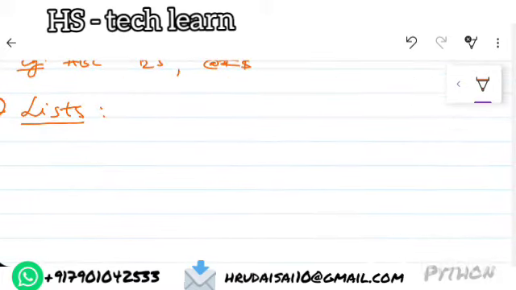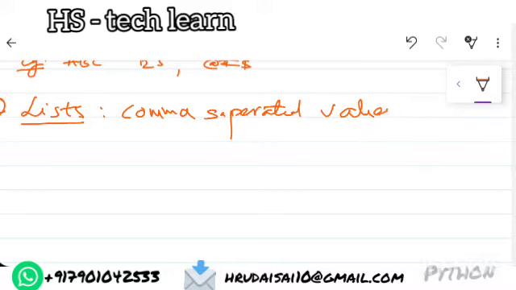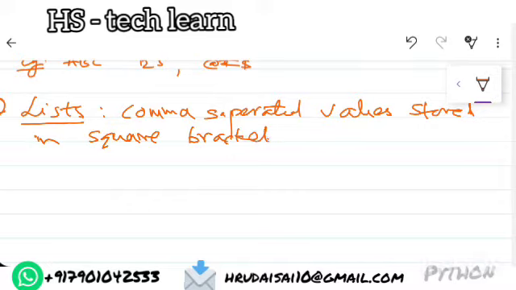We will take a quick definition here. Comma separated values stored in square brackets. This is why we call sequence. There are multiple values and each value is called an element.